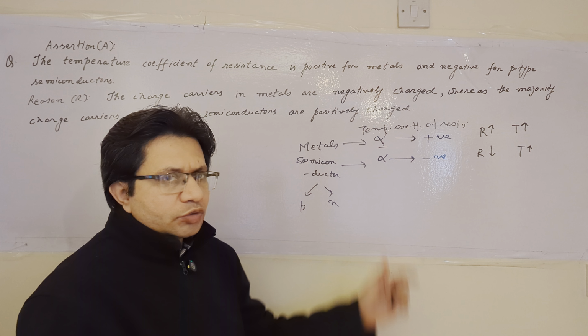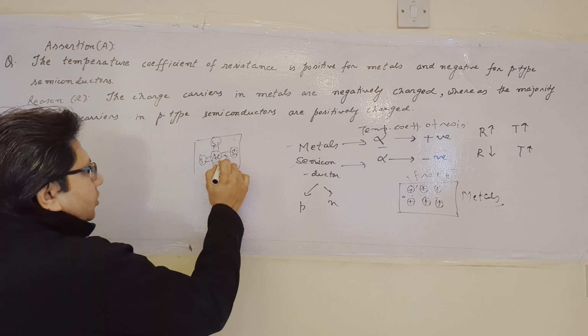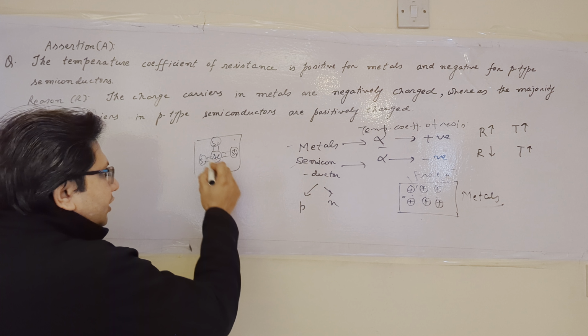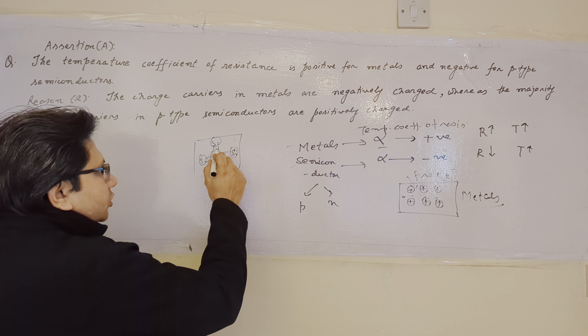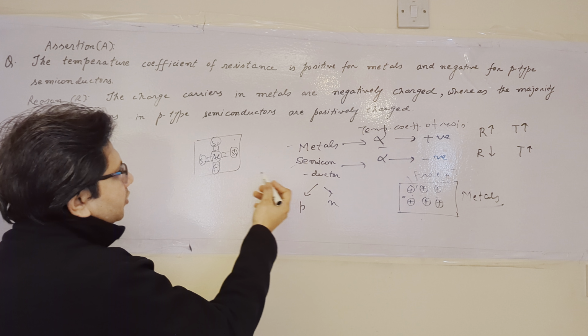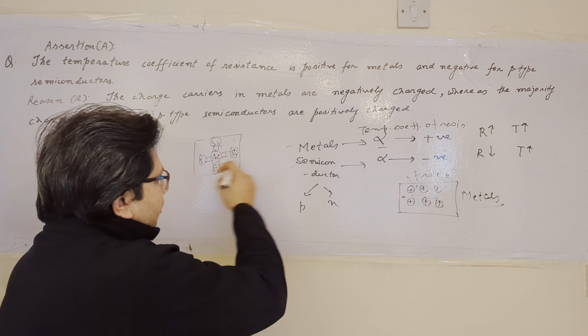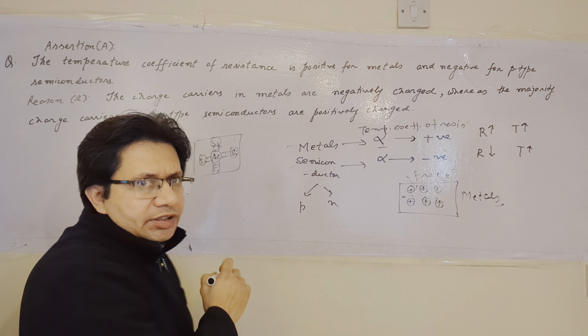Whereas for semiconductors, for example, we have a p-type semiconductor, with aluminum at the center and surrounding silicon atoms. Aluminum has 3 electrons in the outer shell. These 3 electrons form covalent bonds with the surrounding silicon, and one vacancy is left, which is known as the hole, and holes are predominant here. When the temperature increases, the covalent bonds break, and there is a liberation of charge carriers.